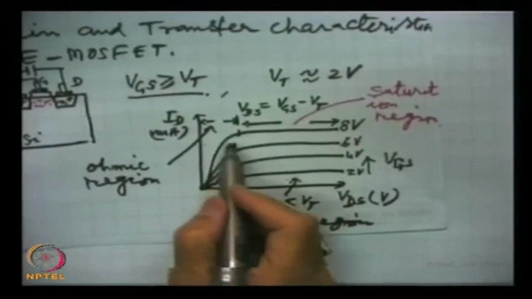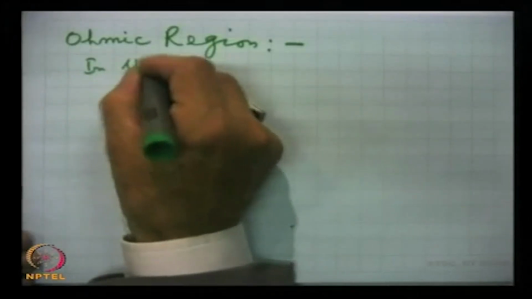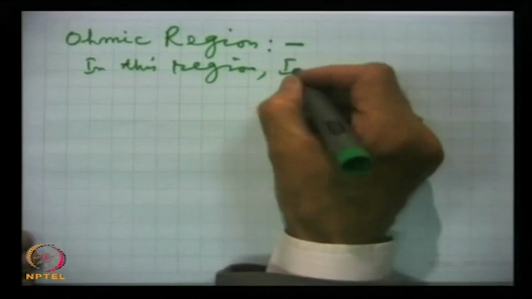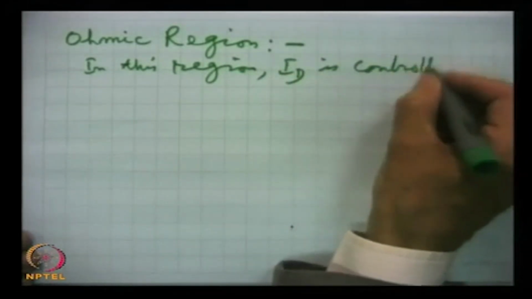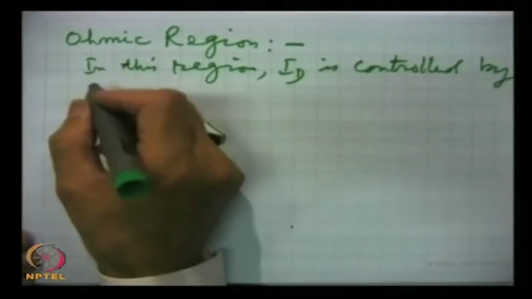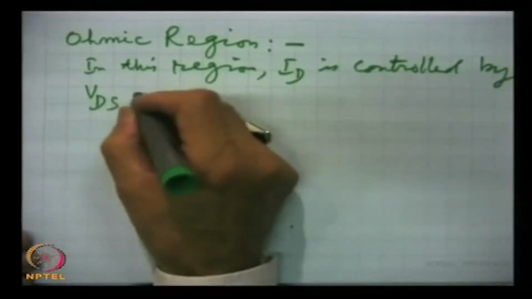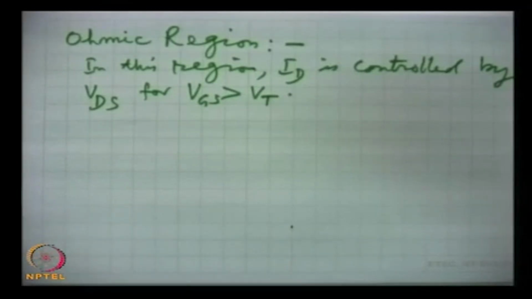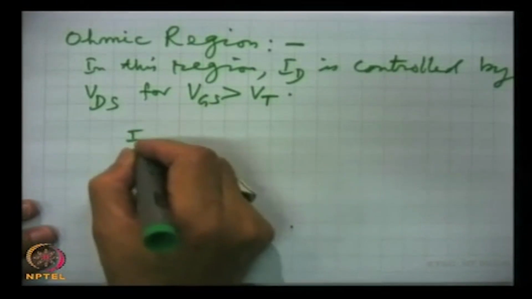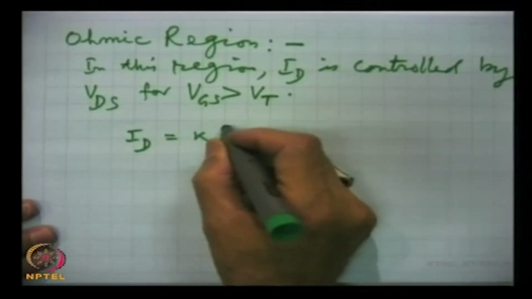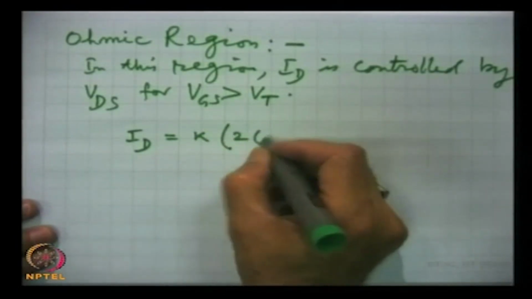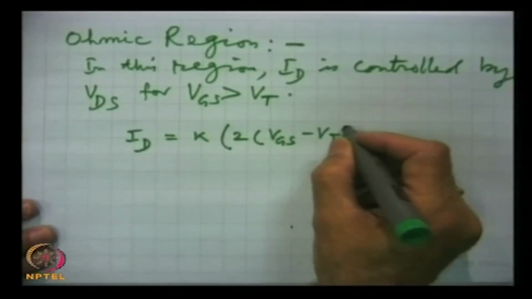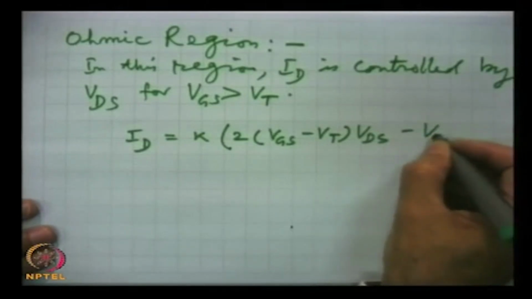Remember, this is the region which is the ohmic region, and the drain current ID here in this region is controlled by the drain source voltage VDS for gate source voltage greater than VT, and the current can be expressed, the drain current ID is given by K times 2 times VGS minus VT times VDS minus VDS square.